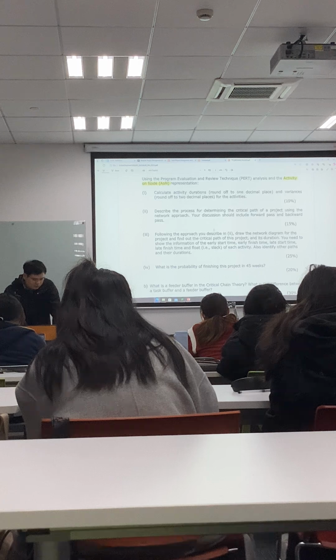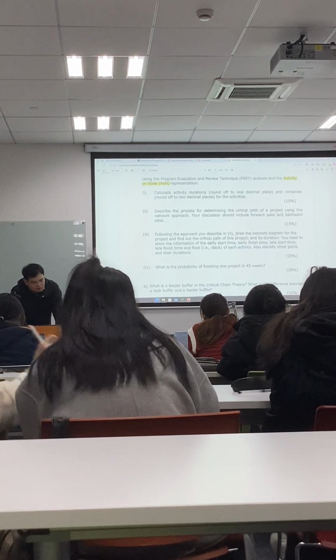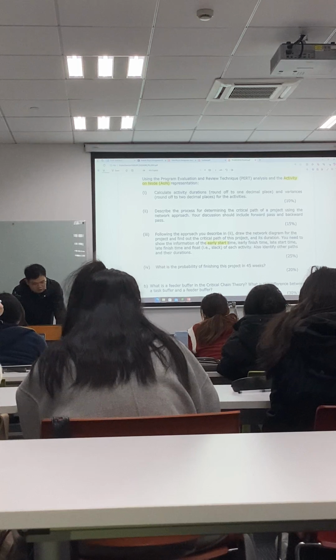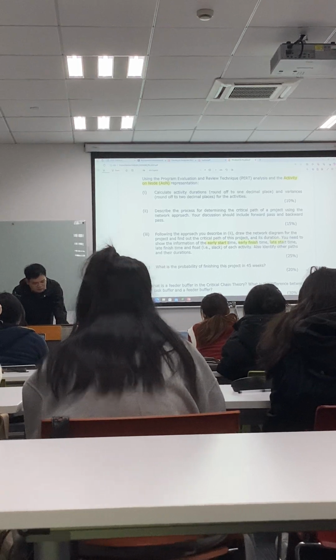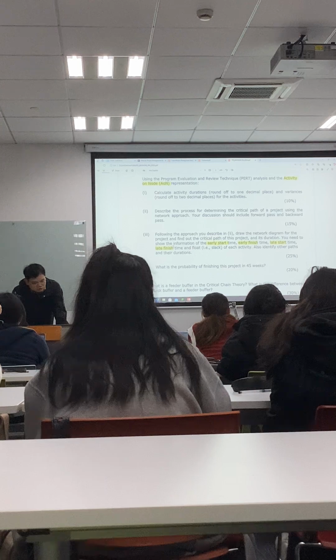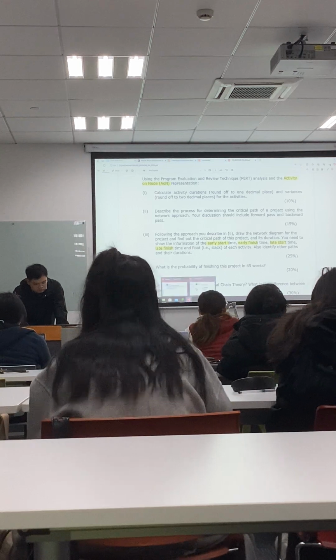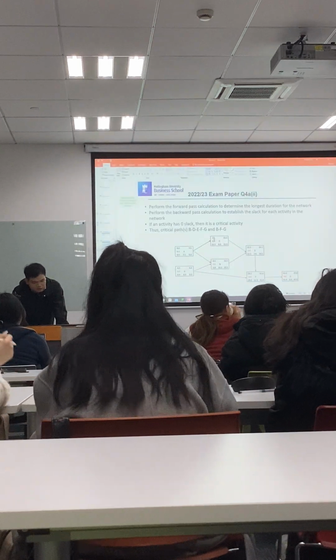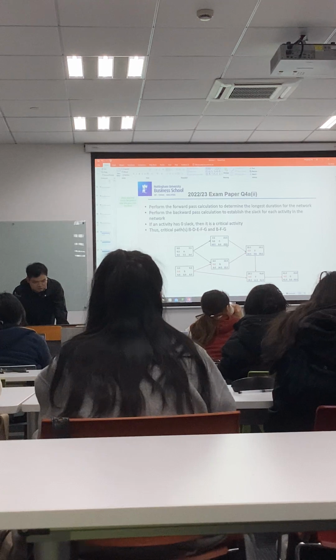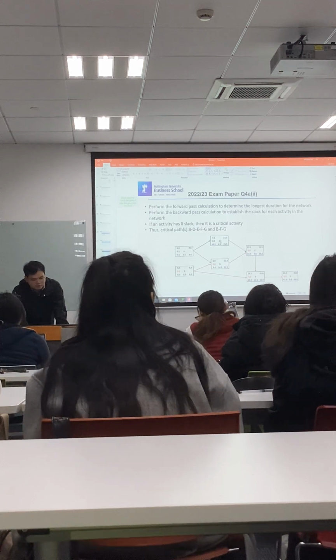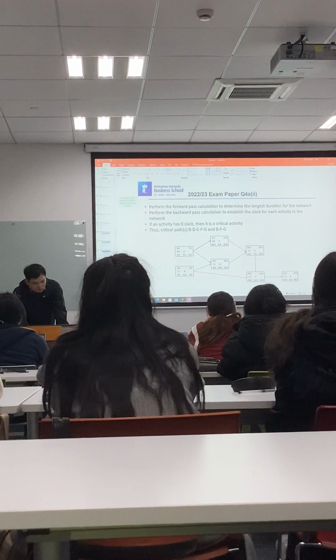You need to show the early start, early finish, late start, and late finish, just as I have shown you. And this is the duration, this is the distribution, and this is the slack.